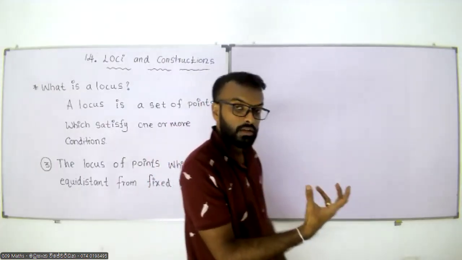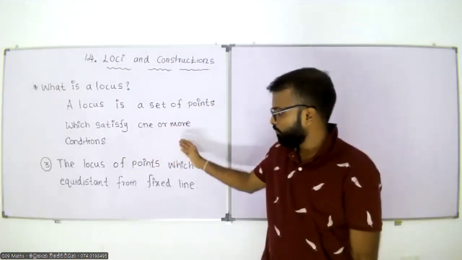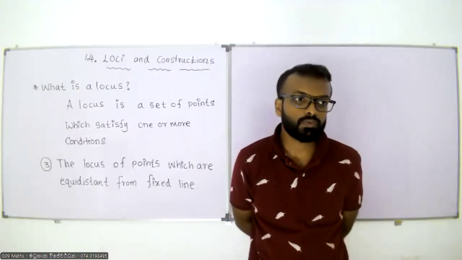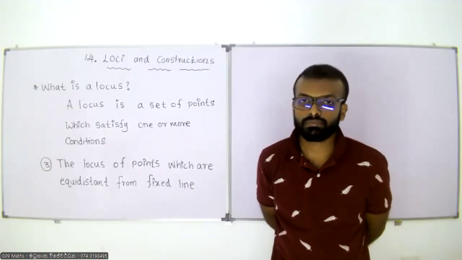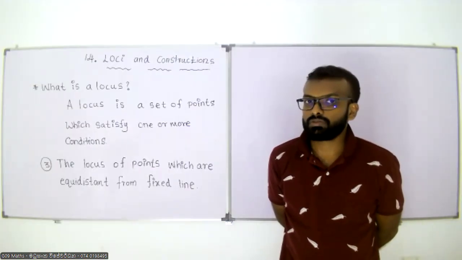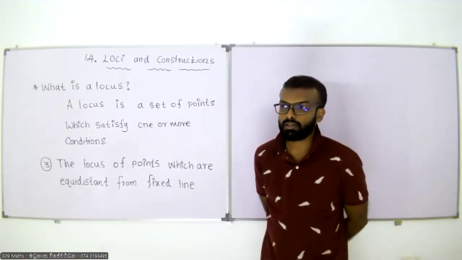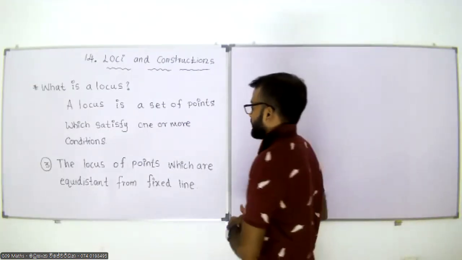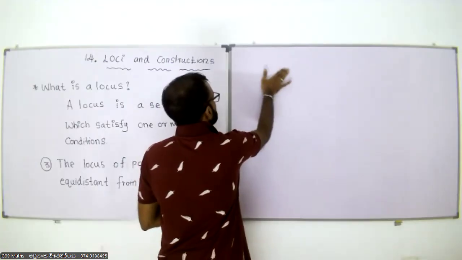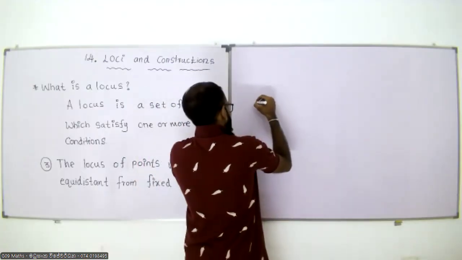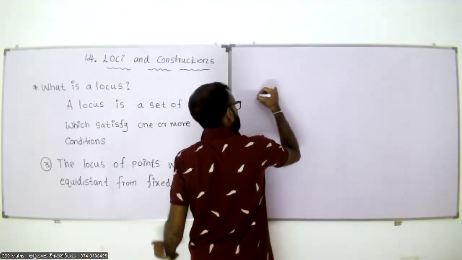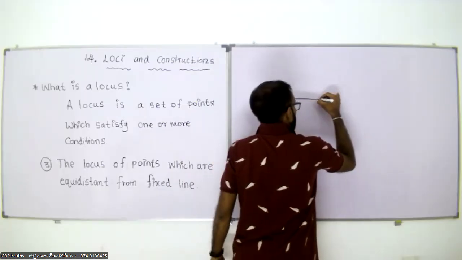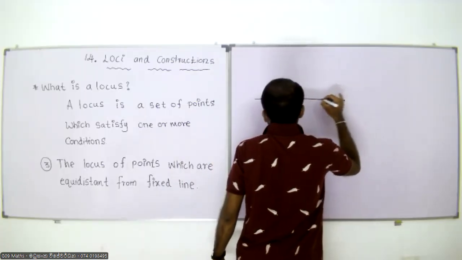There should be a fixed line. From that fixed line, those set of points should be equidistant, correct? So that's the thing you need to understand. It's something like this. So this is the fixed point. Sorry, fixed line. First of all, I will draw the fixed line. So this is the first fixed line.